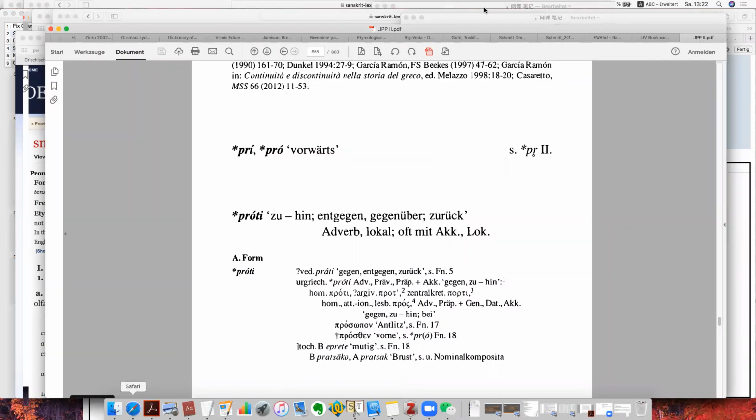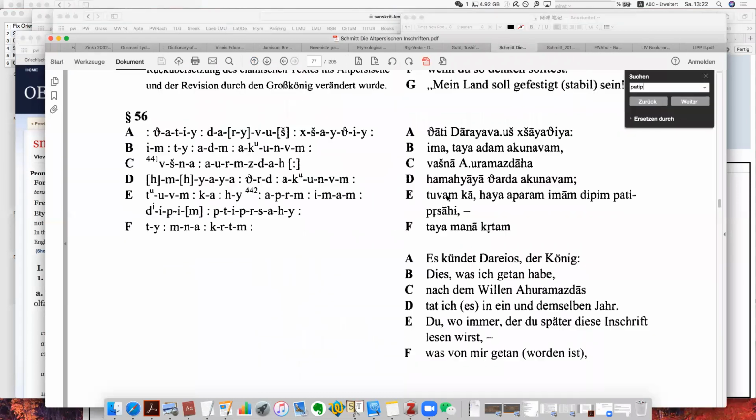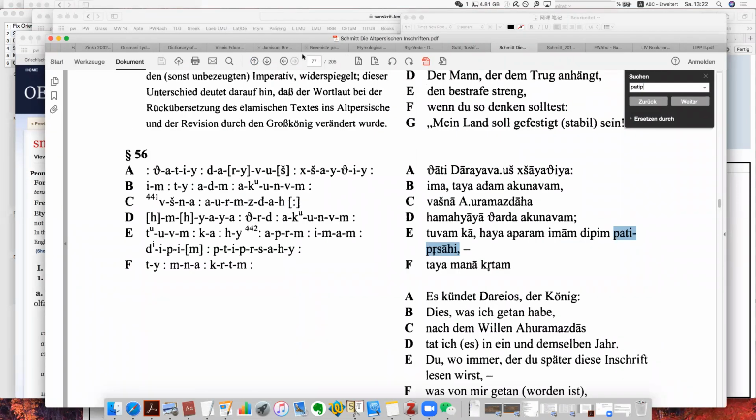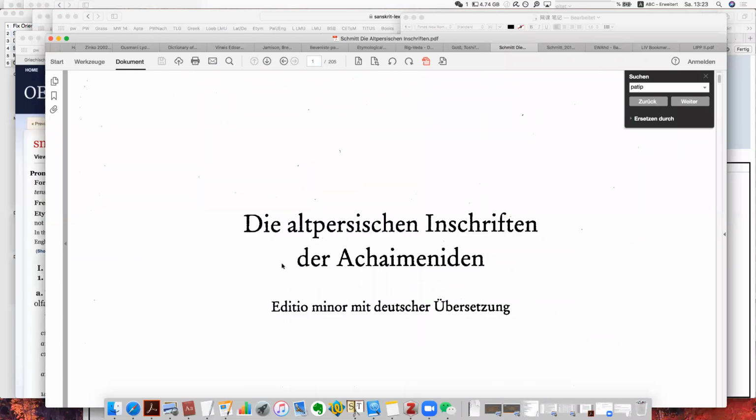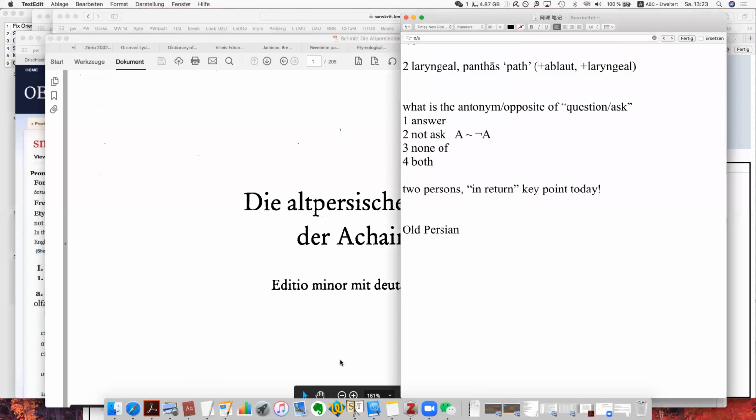For the Old Persian text, we need to use this text edition by Rüdiger Schmitt. Let me show you the text. This is the most updated text edition by Rüdiger Schmitt. Schmitt is a student of Mayrhofer.